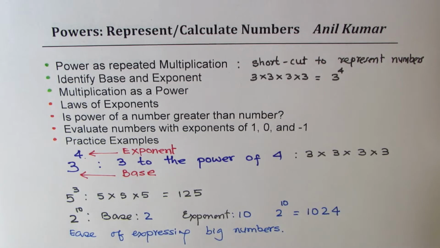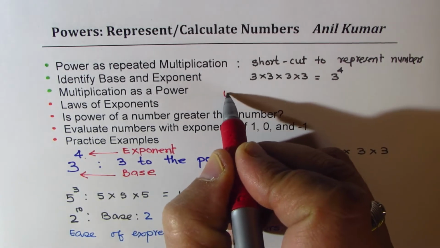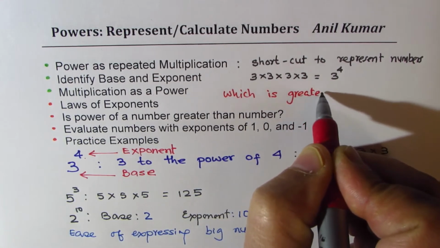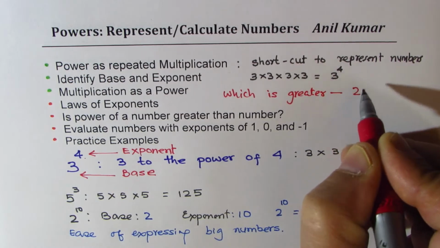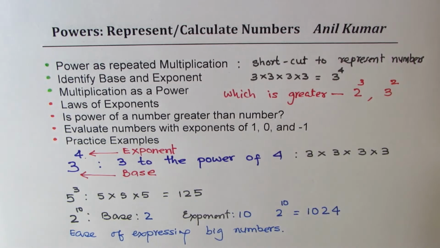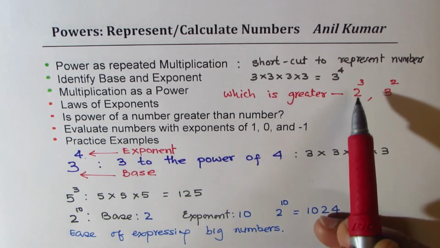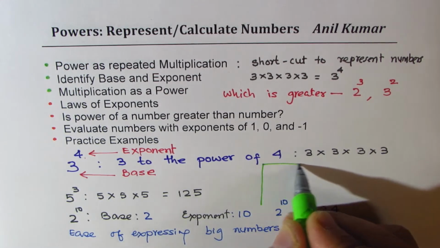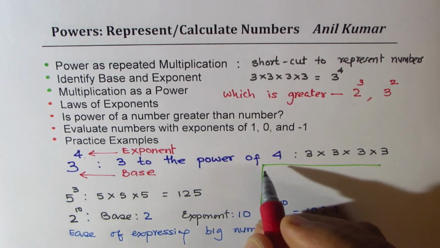Now here is a question for you, and I'll introduce you to 2 more terms. The question is, which is greater: two cube or 3 square? That is a test question for you. Try it out. As you saw, when I wrote this, I introduced you to two more terms, cube and square, which are commonly used.